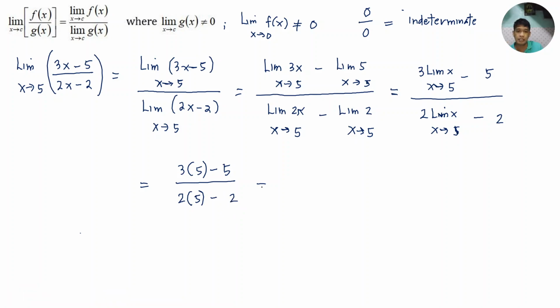Then of course, that is 15 minus 5, 10. 10 minus 2, 8. And therefore, our answer there is 5 over 4 if we simplify this further. So 10 divided by 2 is 5 and 8 divided by 2 is 4.